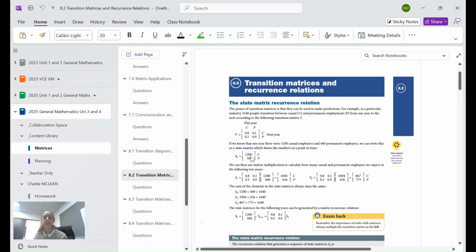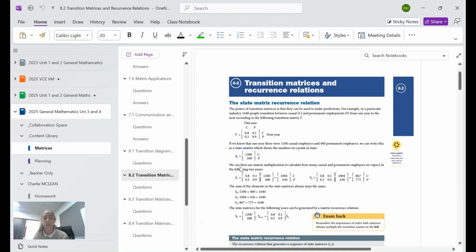They started with 1,200 in casual employment and 440 in permanent employment. If we multiply our transition matrix by our state matrix, we find what next year will look like, where those people will sit in casual versus permanent employment. We call this S1, after 1 year.